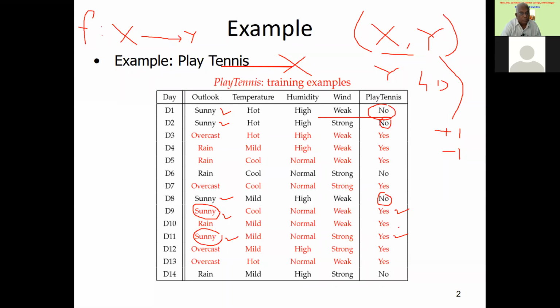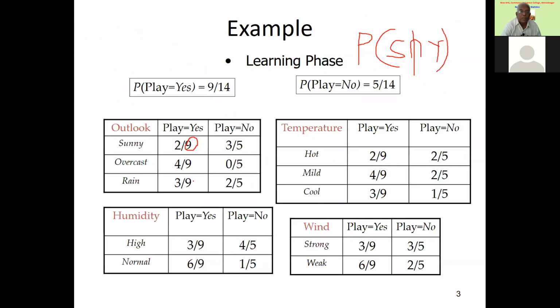So 3 days you have not played, and so probability is 3 by 5. In the same way, all these probabilities are calculated.